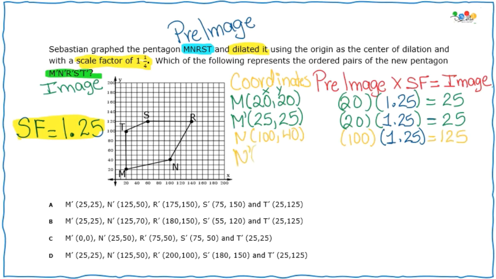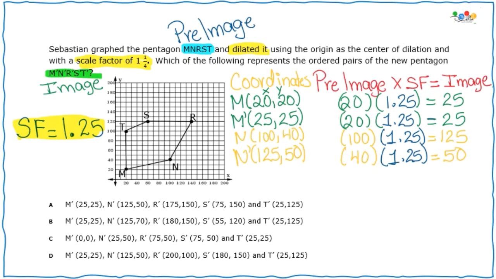So my N prime will have an X value of 125. And we're about to find the Y value. So I will multiply 40 times the scale factor, which is still 1.25, and that will give me 50. Very good. So my Y value has a 50 as an answer.